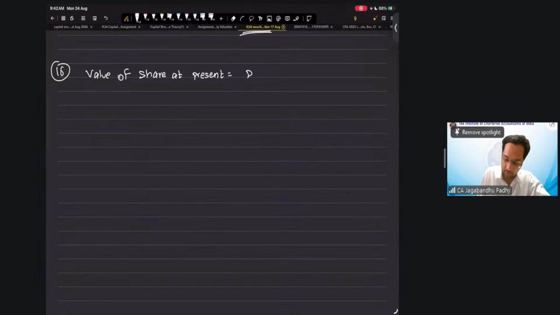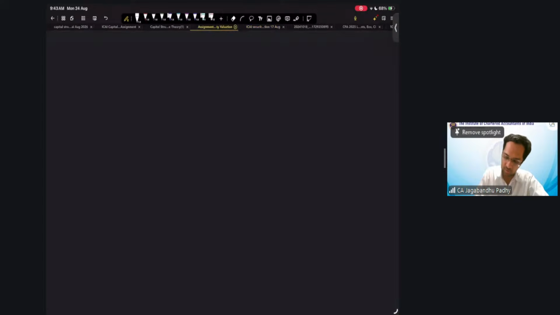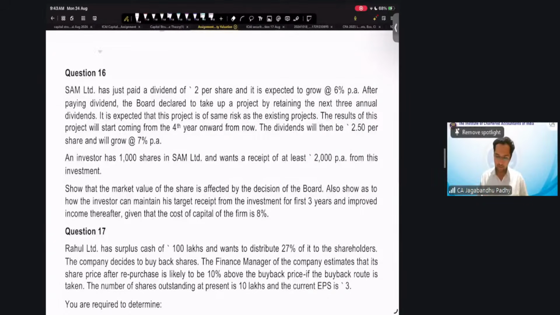We'll simply say D1 upon KE minus g, where D1 is simply going to be 2 into 1.06, divided by 0.08 minus 0.06, because the question says your cost of capital is 8% and the dividend is going to grow at 6%.